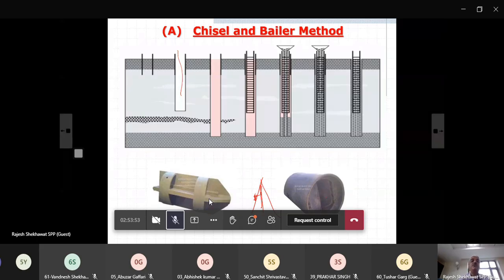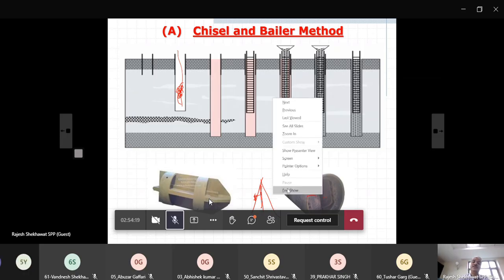When the baler comes down, because of upward air pressure, its flap opens at the bottom, and whatever pulverized material is there gets collected in the baler, even below water level with that sort of slurry. Then the baler is taken out, you remove that material and again put the baler. So it is a continuous operation of chisel and baler.